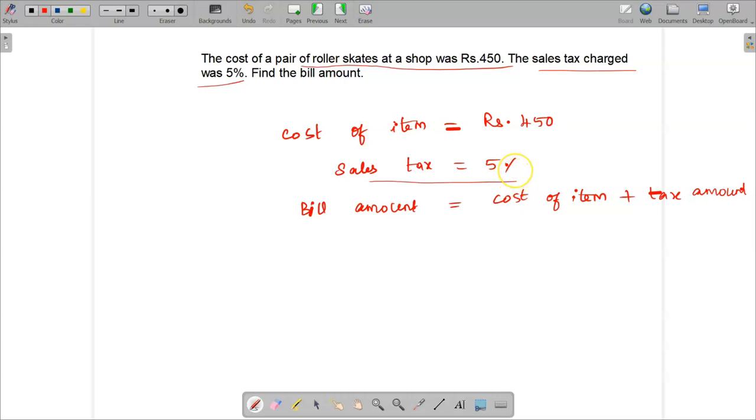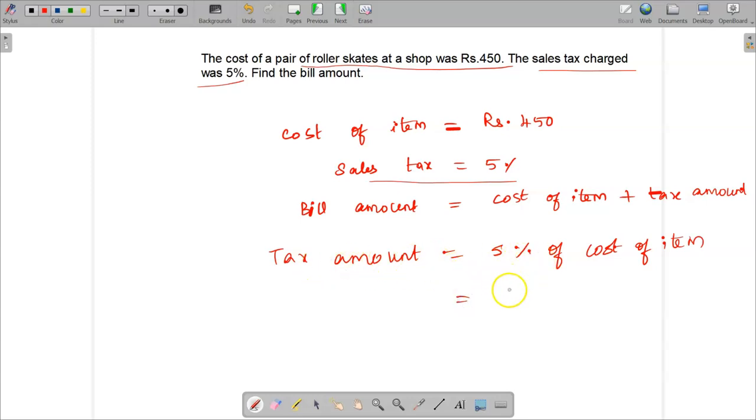That is nothing but tax amount. So tax amount is given by 5% of cost of the item. The cost of the item is known, tax percentage is known. So when we multiply these two, we will get the tax amount.